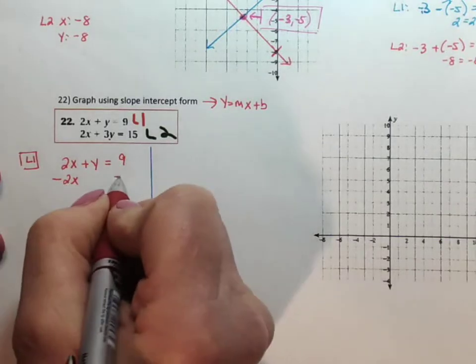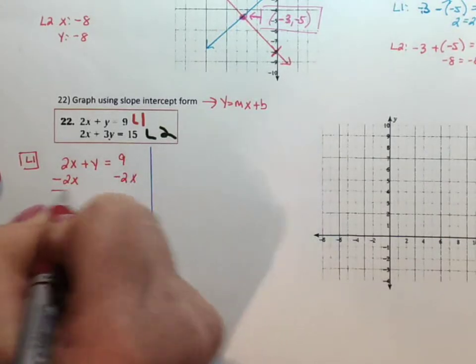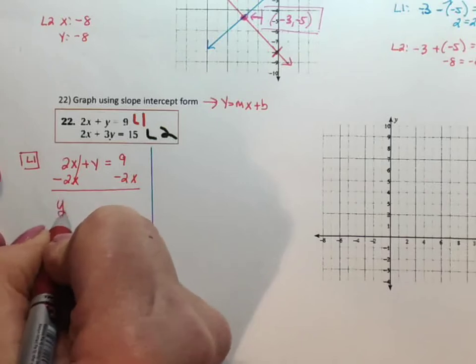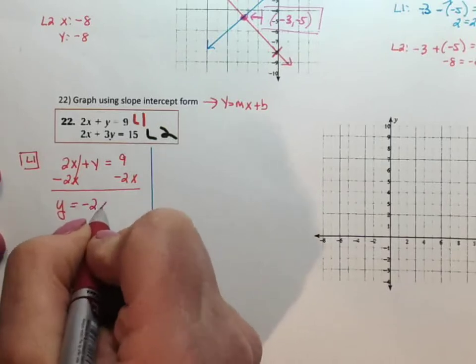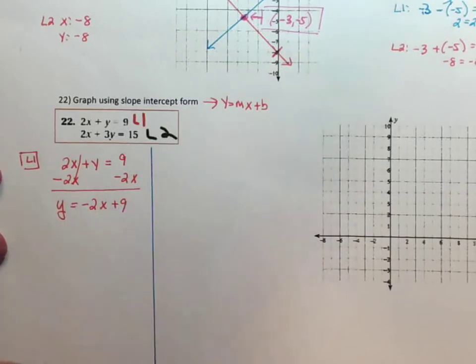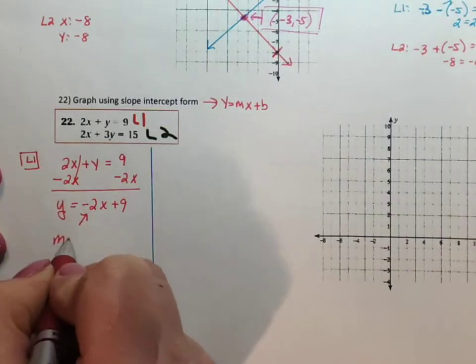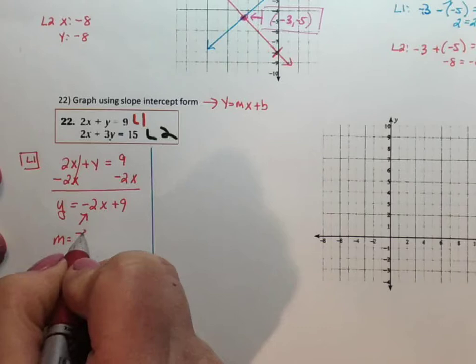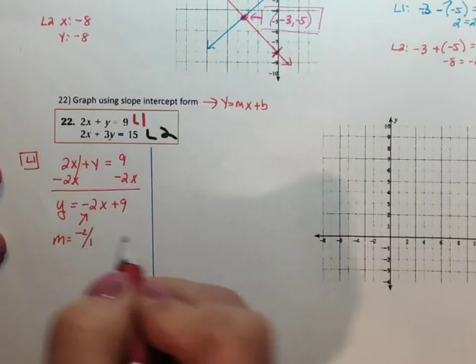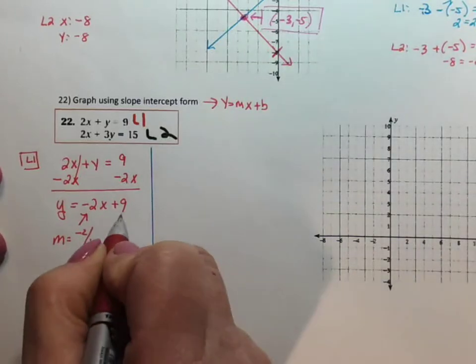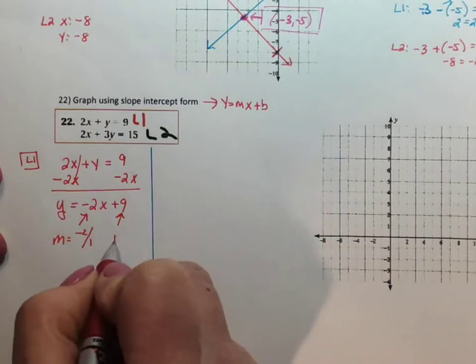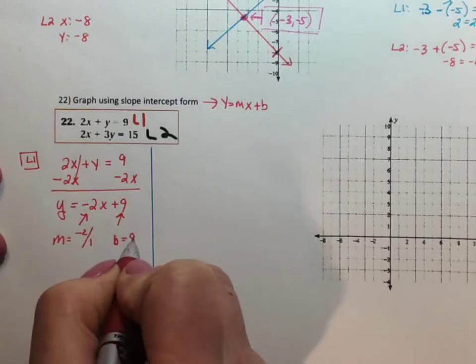Subtract 2x from both sides. I get y equals -2x plus 9. Remember, that's the slope, which is rise over run. So we're going to have -2 over 1. There's the y-intercept, which is at 9.